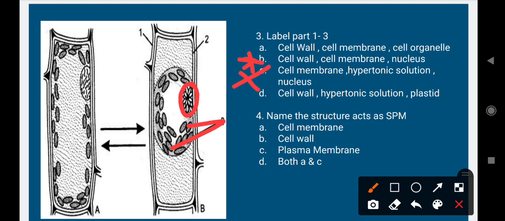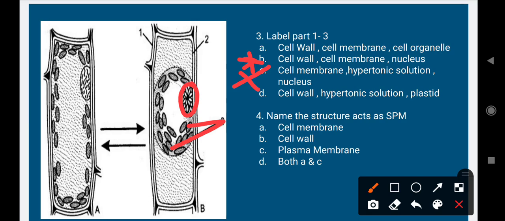Now we have first part cell wall, second part is cell membrane, but 2 is not cell membrane. In D, look, first part is cell wall, second is hypertonic solution, yes it is a hypertonic solution, and third is plastid. Because cell wall is freely permeable, it allows all the sugar solution or hypertonic solution to enter.